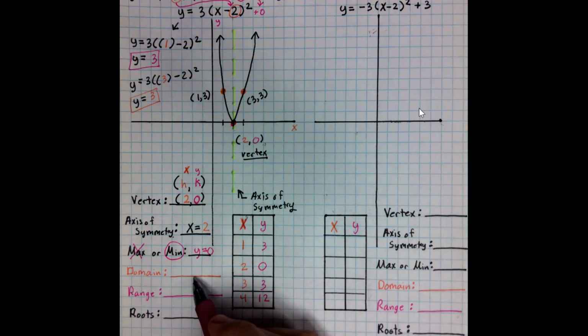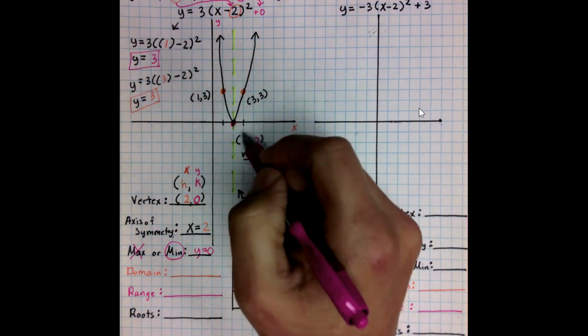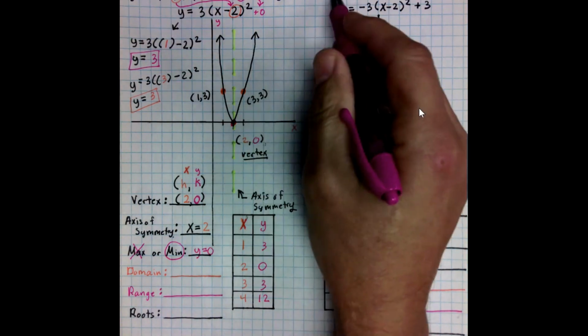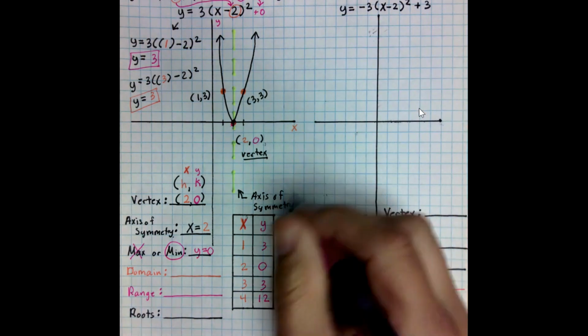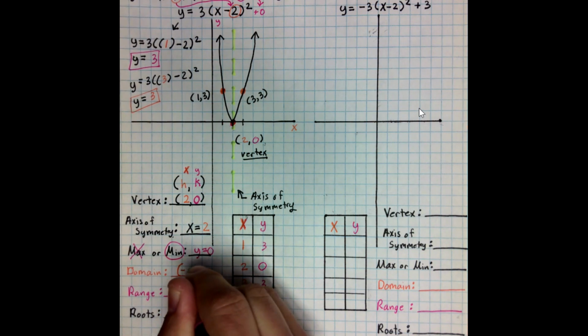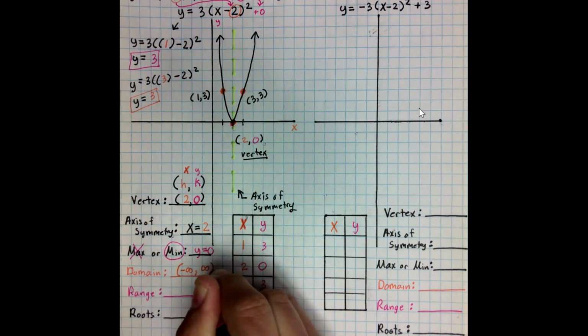Now we have to give our domain and range. When we talk about our domain, notice we have an arrow here, and that arrow means we go infinitely to the left, and this arrow going over to the right, slanting up and right, means we go infinitely to the right. So we're going to use our infinity symbols. And when we use an infinity symbol, we put a parenthesis, and we'll put negative infinity, comma, positive infinity.